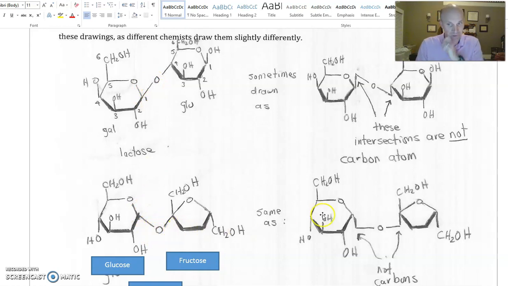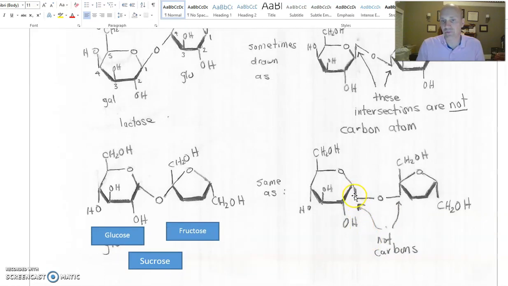Just like we had this little shortcut right here, there's another way of doing that with this type of drawing, which is when you go down and draw a little right angle to an oxygen, and then draw another right angle and come up. Either way you draw this, you can tell that the linkages are in the down orientation. You just need to realize that this little intersection of line segments right here would not be considered a carbon.